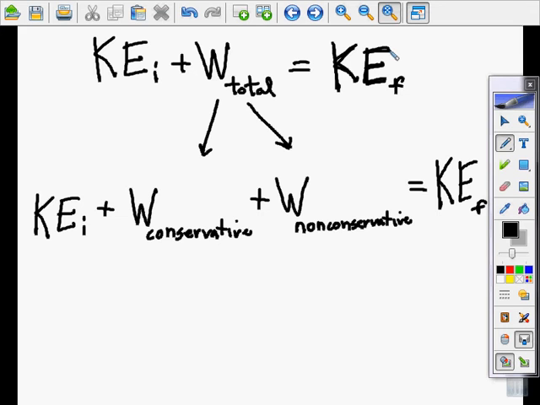So we need to talk about what the heck is the difference between conservative work and non-conservative work. Here's the deal.